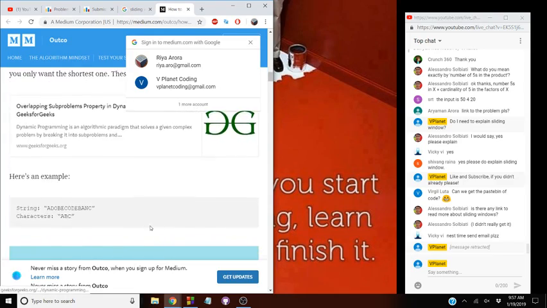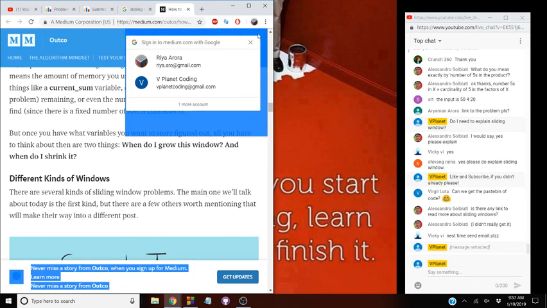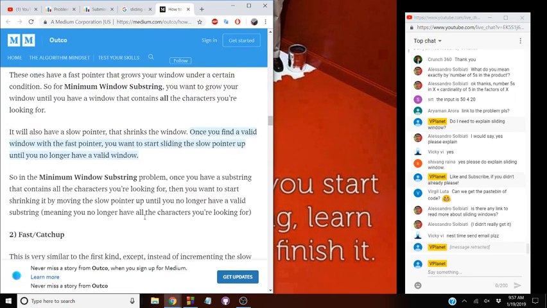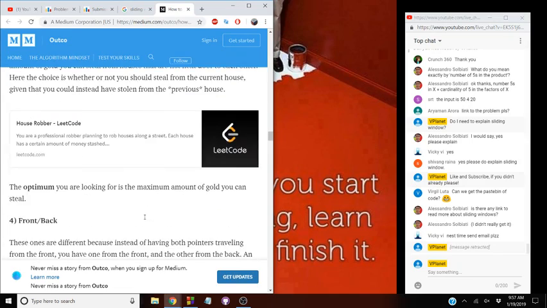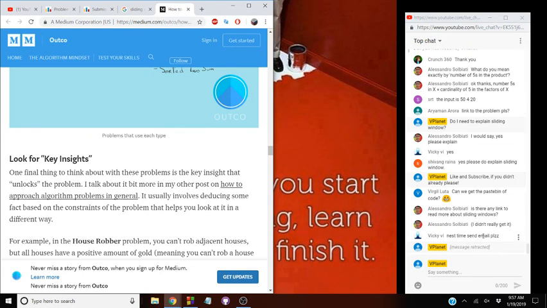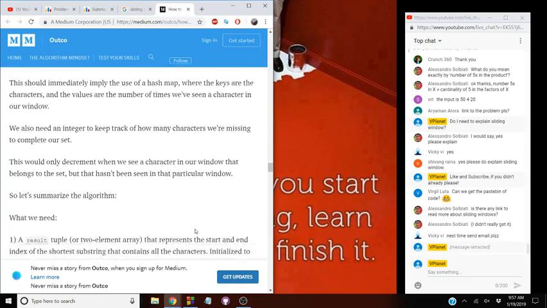To clarify, I don't really find any sliding window algorithms.